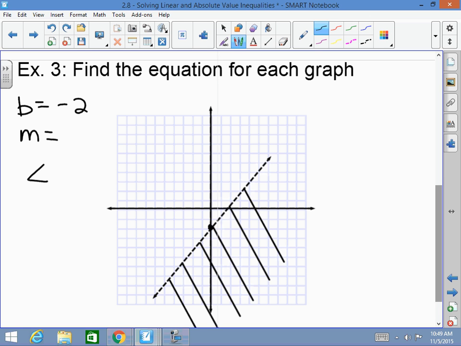And then again, we're going from left to right. So I've got to figure out how to get from this perfect point to, let's see, where's a perfect point here? 1, 2, 3, 4. Right here. So it's up 1, 2, 3, 4 over 1, 2, 3. The one on the x-axis is not really a perfect point there.